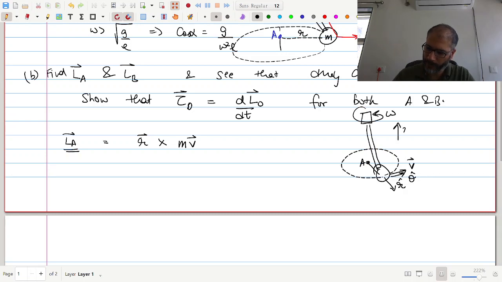And z, remember, is this direction. In this case our r hat cross theta hat is equal to z hat.